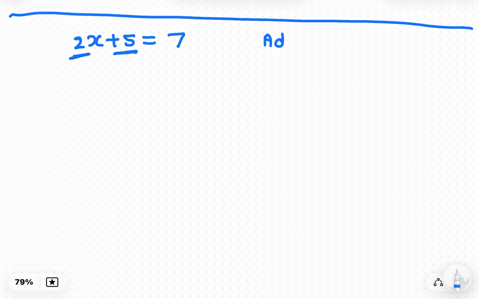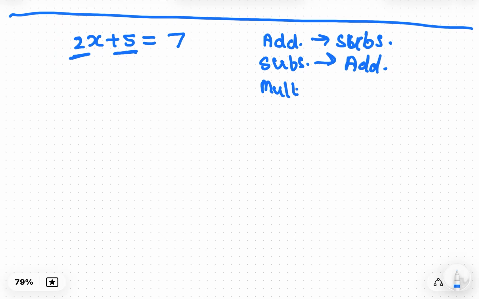The inverse of addition is subtraction. The inverse of subtraction is addition. The inverse of multiplication is division, and the inverse of division is multiplication.